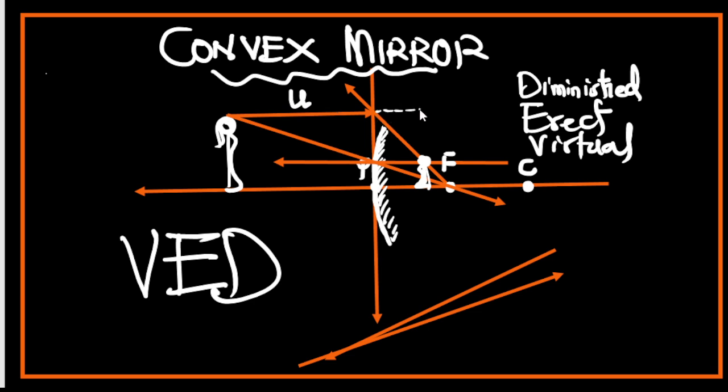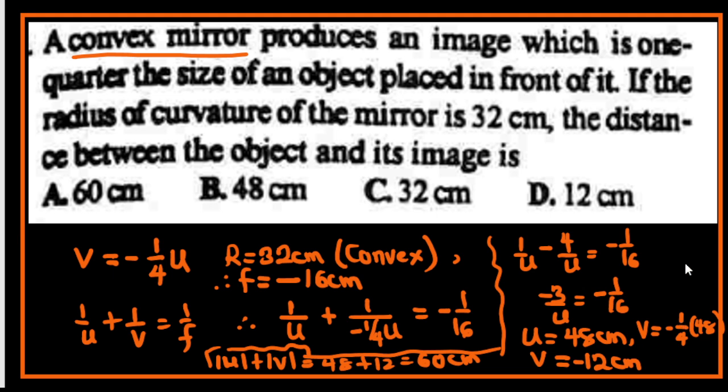So now see the object distance. And from here to here we have the image distance. So if somebody is asking you what's the gap between object and image, you can see that it is a direct sum of u and v. Can you see that? So that is my exact reason when I added u and v here.